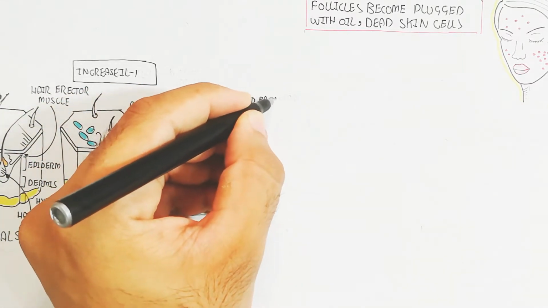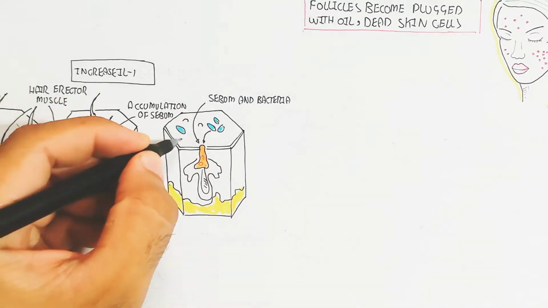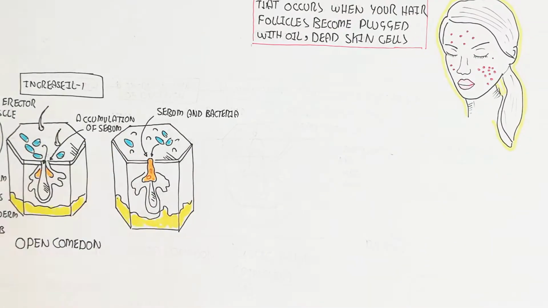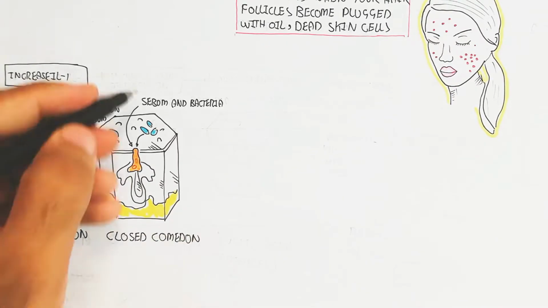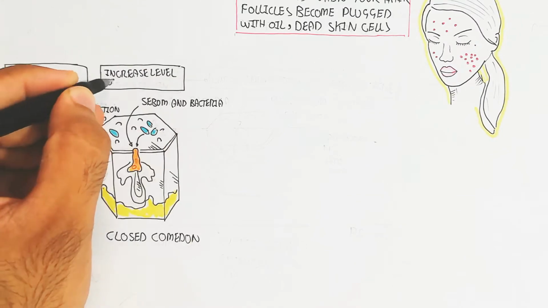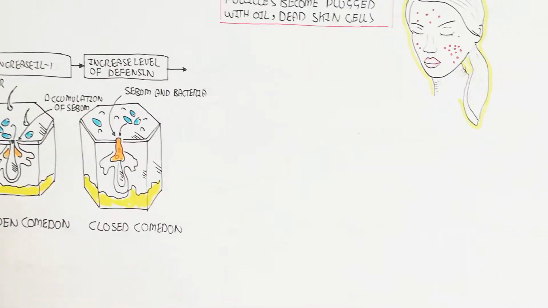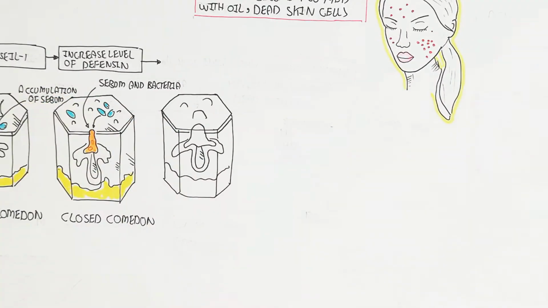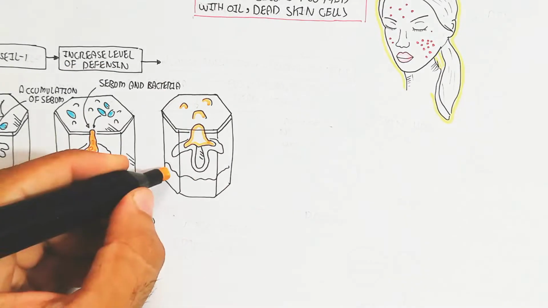So inflammation increases due to bacterial invasion. When the bacteria invade, the sebum mixes with defensin and other antibacterial proteins, and the sebum and bacteria combine together. This leads to a closed comedone, forming a cystic acne.